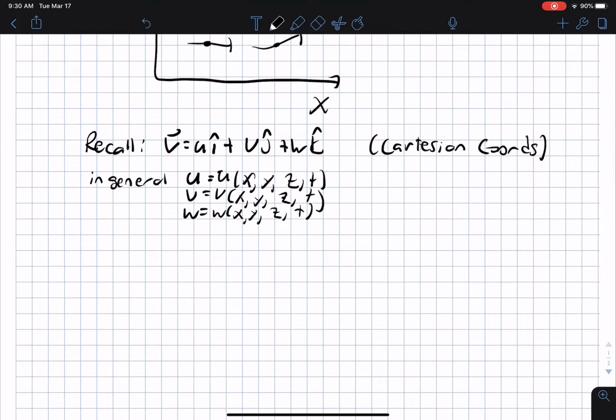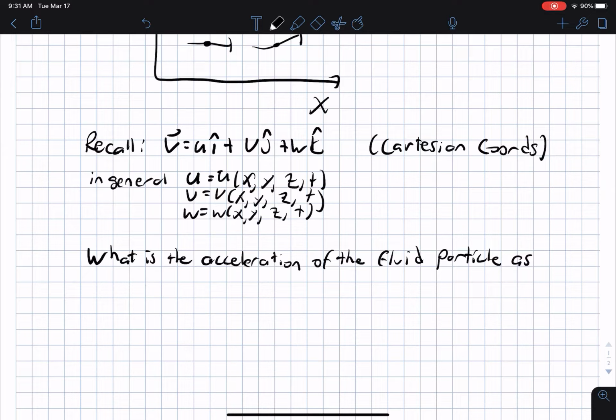Now given this, what is the acceleration of the element, or the fluid particle, as it travels in space and time?